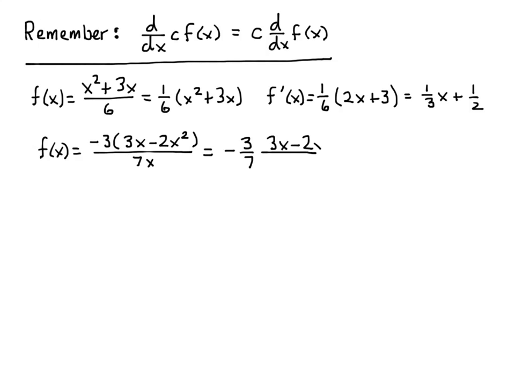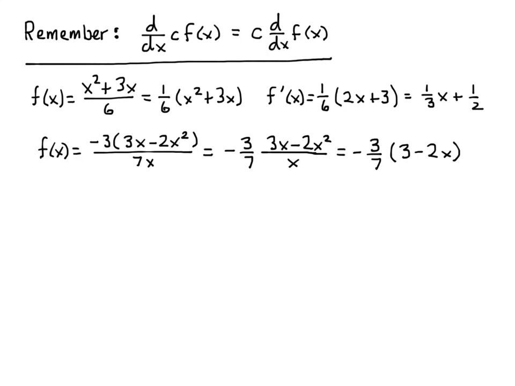Okay, so here's a case where I have the 3/7 and I can just take out the 3/7, and then what I notice is that I have an x that can easily divide both of these terms. Now remember, divide both of the terms. Don't just cancel out the first term and leave the second term the way it is. But anyway, we get this function that's equivalent to that first one.